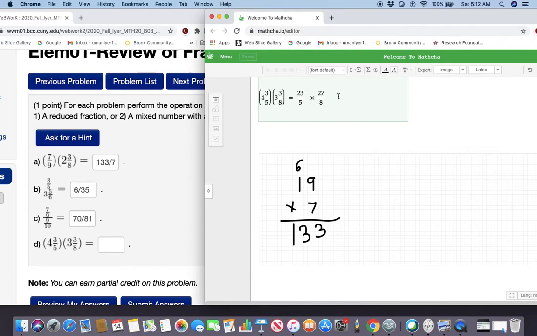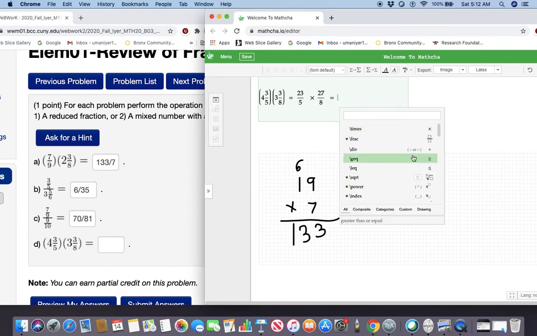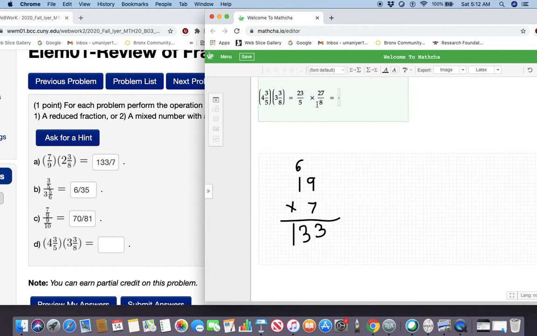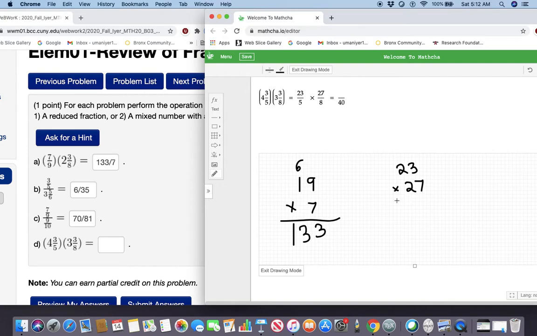Turns out nothing can be reduced. So we really need to multiply the numerators and multiply the denominators. The denominator is 5 times 8, which is 40. The numerator will take some work, so let's do that work. Here is 23, and you want to multiply by 27.